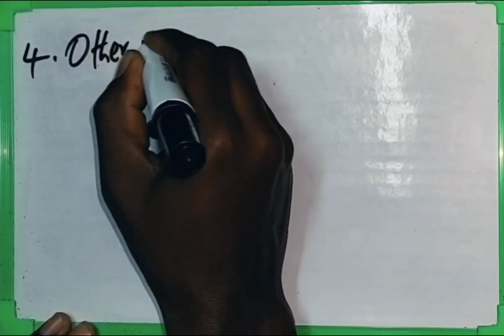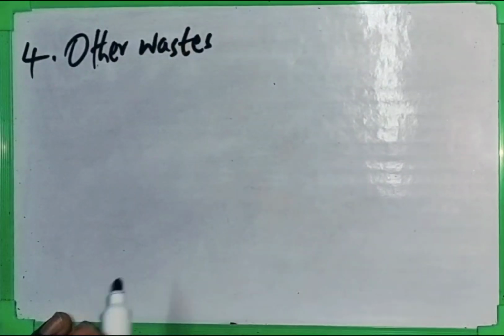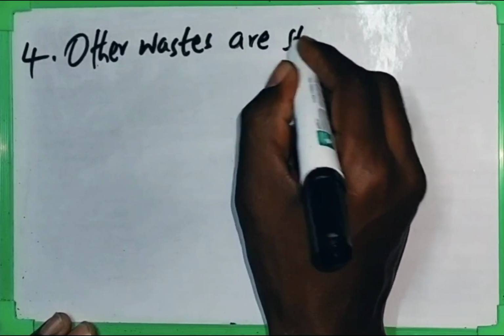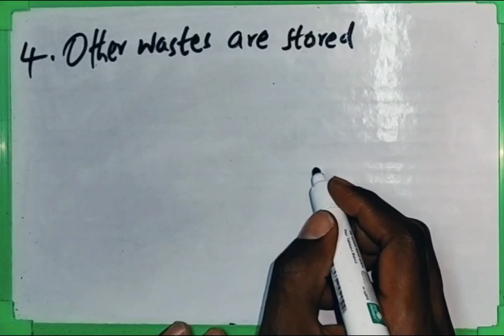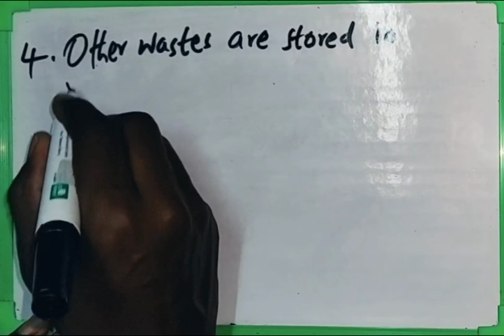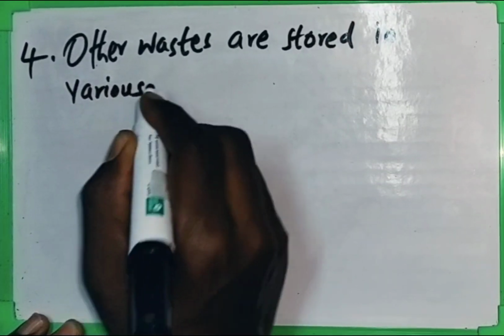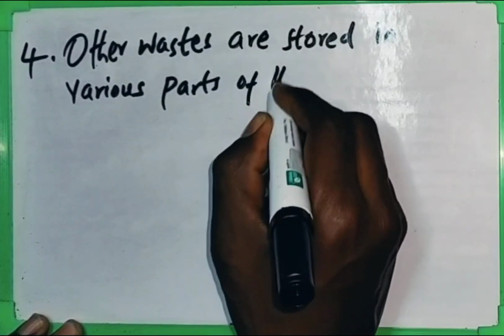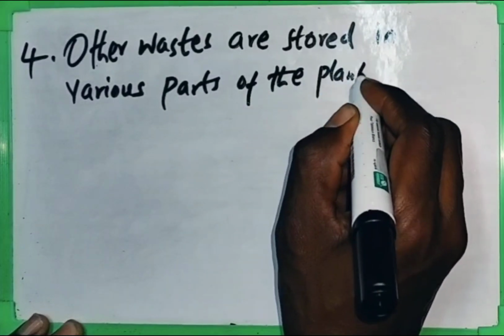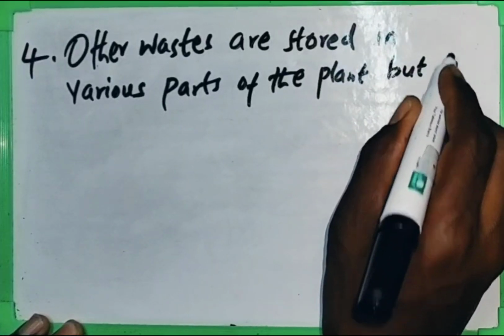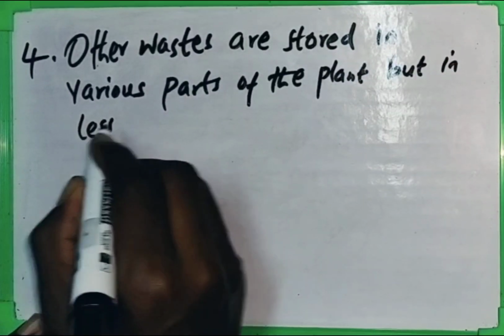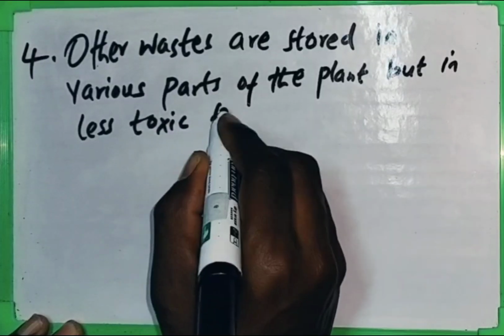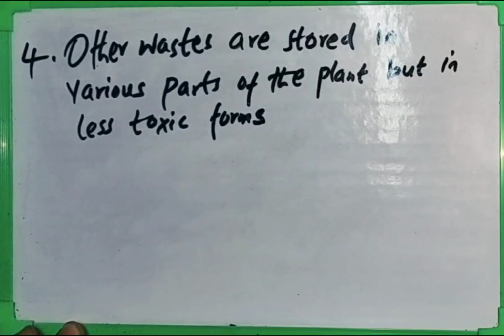Number four, other wastes are stored in various parts of the plant, but also in less toxic forms. That is another reason.